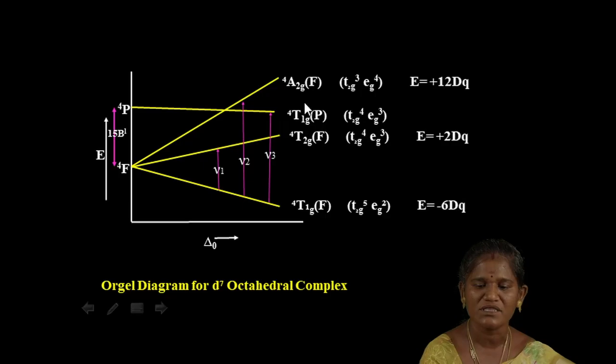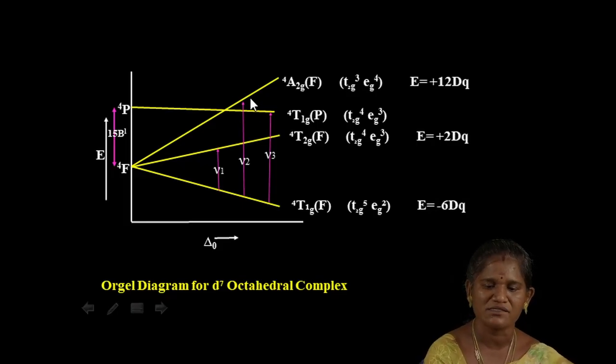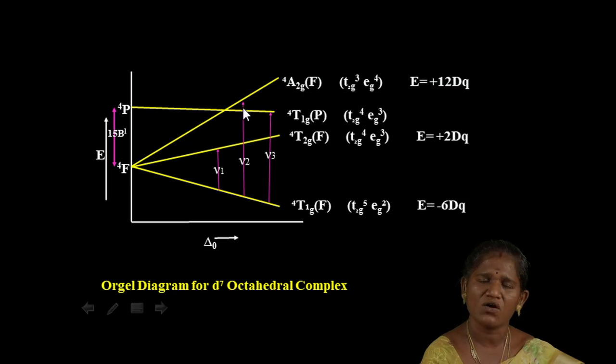So due to the same orbital interaction, it lowers the lower energy state and raises the higher energy state. The interaction of these two lines depends upon the Racah parameter value, that is beta. So this crossing is prohibited by the non-crossing rule, which states that states of the same symmetry cannot merge with each other. So this is the non-crossing rule.